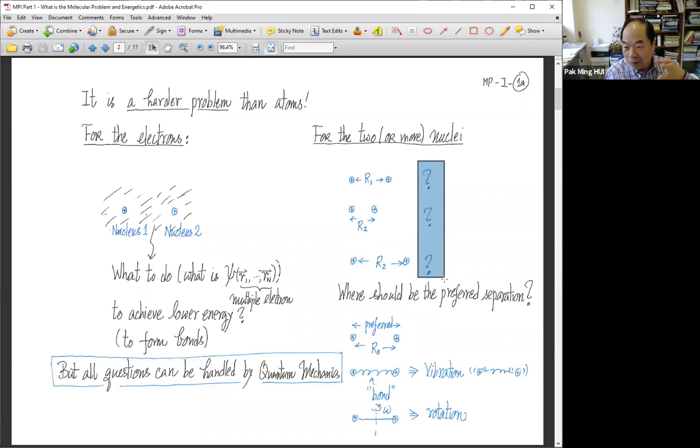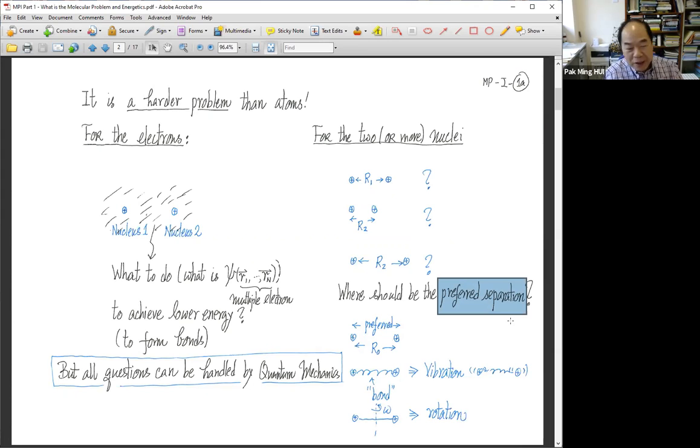And for those who have learned a little bit of chemistry, for molecules, there's something called bond length. For the CO bond, you have a certain bond length and so on, okay? That is the preferred separation, the separation that you will find experimentally. That is to say, you look at the molecule, and the nuclei prefer to sit at that separation.